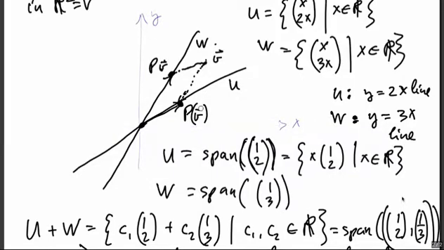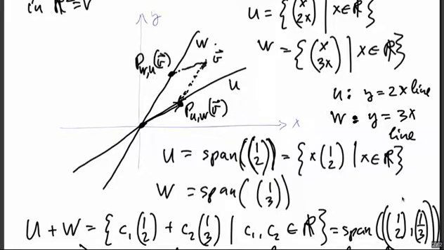I have to be more precise: this is the projection onto U along W, and this one is the projection onto W along U. And what this says with these parallel lines, actually what you get is the parallelogram law to add together vectors. So the V vector is the sum of these two vectors. And the way you add together the two is that you shift one parallel to itself so that its starting point is at the end point of the other.